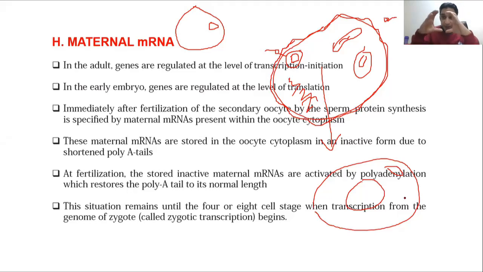So the zygote is that big, it will divide, it will become smaller, it will divide further, it will become smaller. So you will see in the movies or in the animations, if you see the earlier cell divisions, it will divide into two, then it will divide into three. The overall size will stay the same, and the cells become smaller and smaller and smaller.